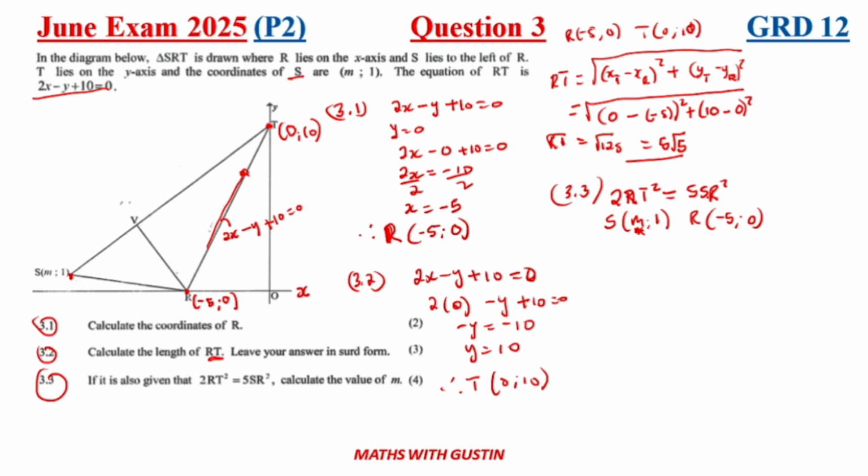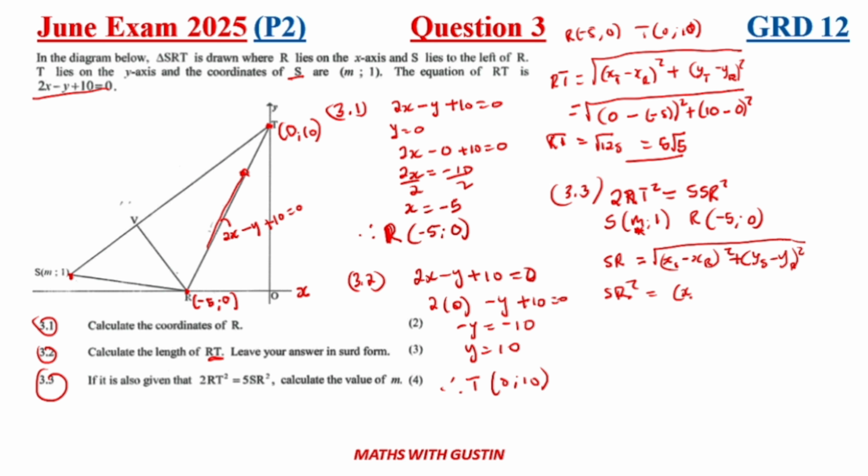We're going to find SR first. SR, which is our distance formula, is given by x at S minus x at R all squared plus y at S minus y at R all squared. Therefore I can simply square this side to make life easy, and leave this side as it is.